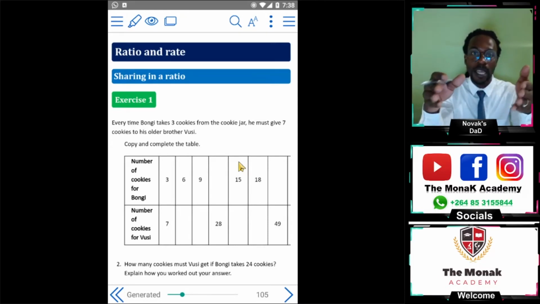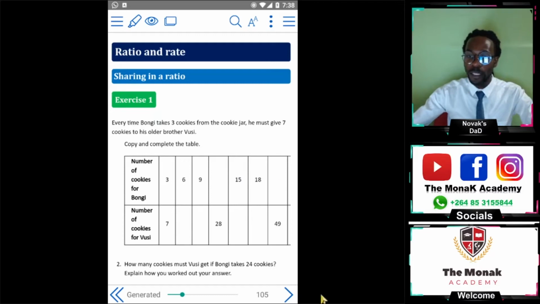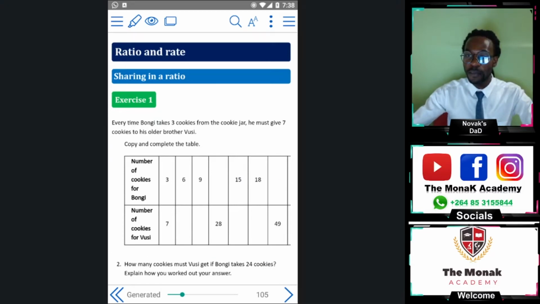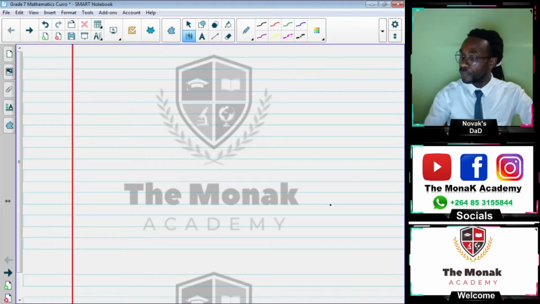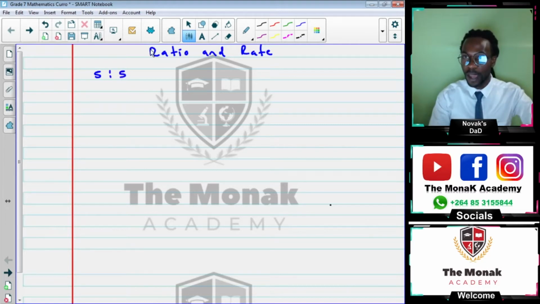So what then will be our ratio? If you share 5 to 5, you get 5 boots, the other guy gets 5 boots. It means you are sharing in the ratio of 5 is to 5.